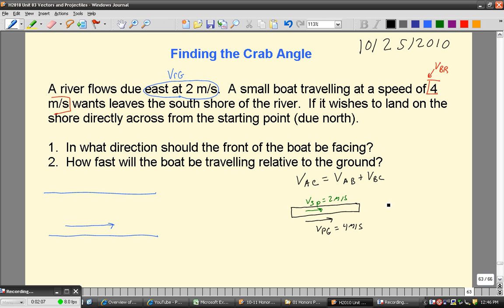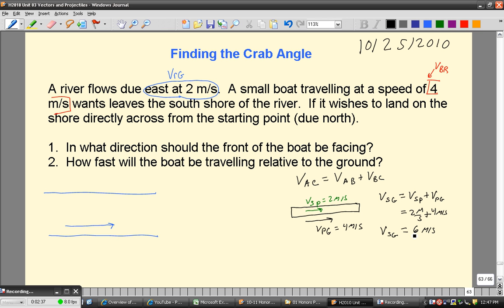That means if we want to get the velocity of the student relative to the ground, that's going to be the velocity of the student relative to the people mover plus the velocity of the people mover relative to the ground. In this case, that's going to be 2 meters per second plus 4 meters per second, giving us a velocity of the student relative to the ground of 6 meters per second.